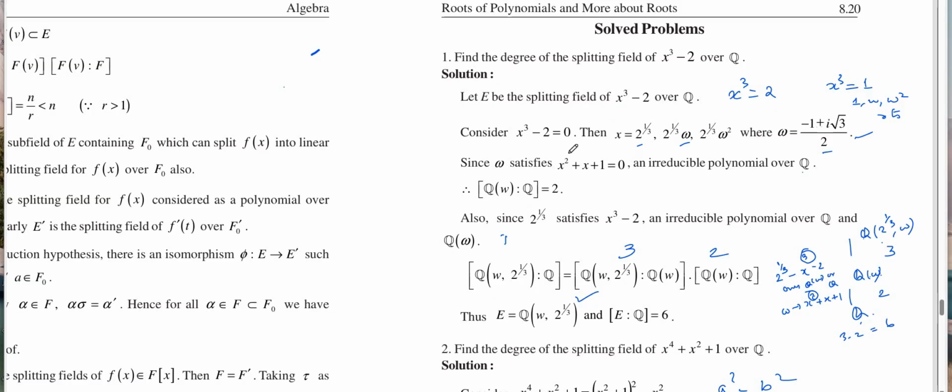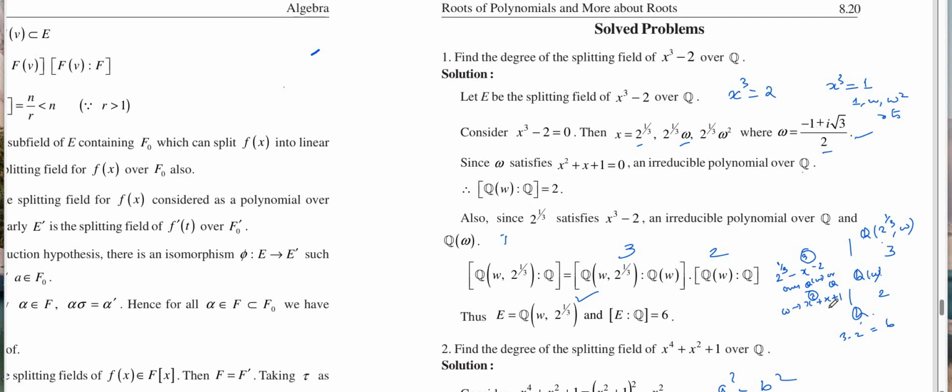When we draw this tower diagram, we have the base field Q with omega adjoined, because in Q you don't have omega, and you don't have 2 power 1 by 3 in Q of omega, so you adjoin this and you have this tower. But in order to know the degree of this over this, what is the polynomial that omega satisfies?